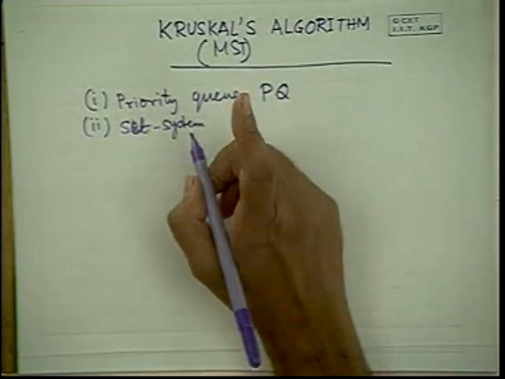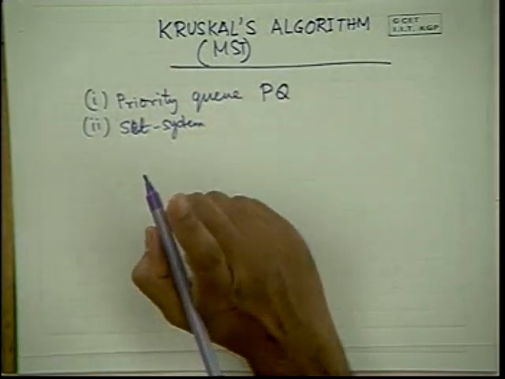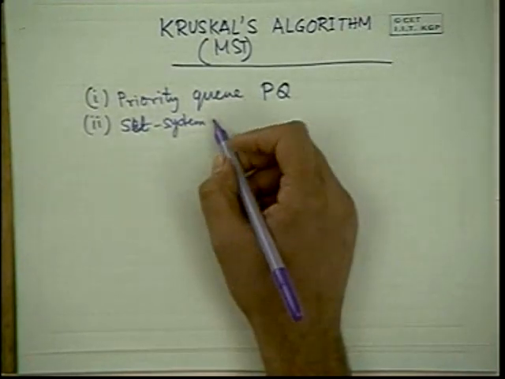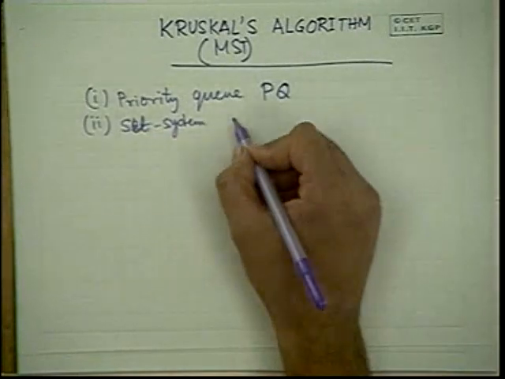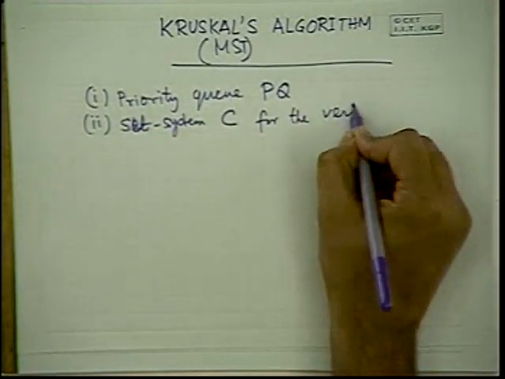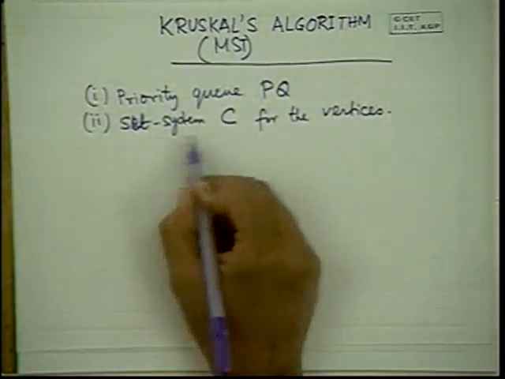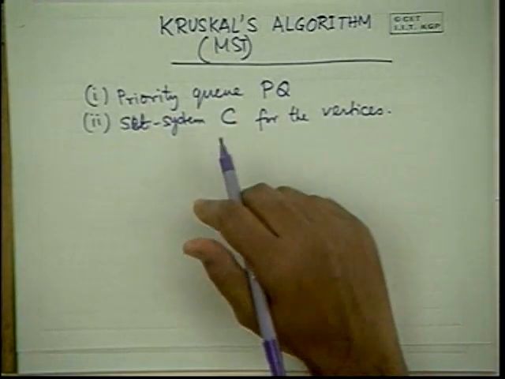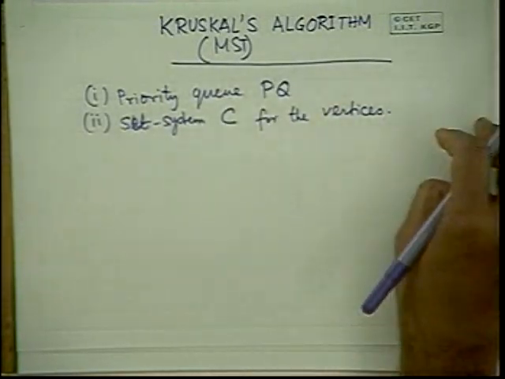The objects are sets again. So it's a set of sets. We'll see how to maintain this one later. So this is a set system C for the vertices. What does it mean? Set system C for the vertices means the vertices will be partitioned into several sets, so that C includes all those sets. It's a set of sets of vertices.